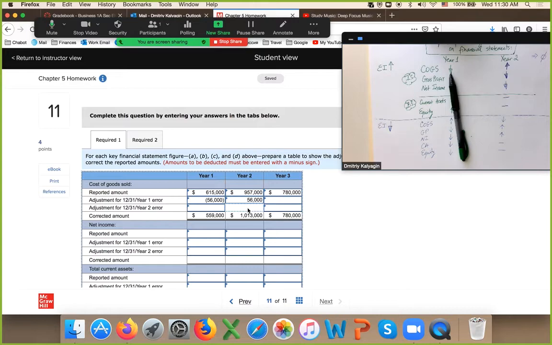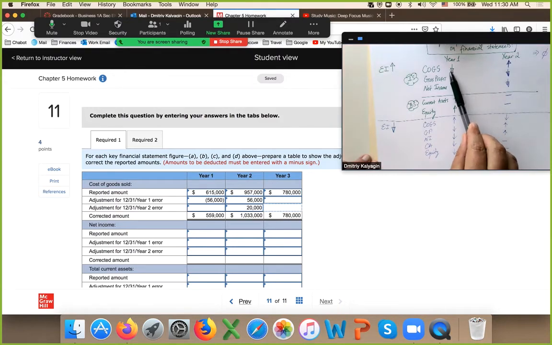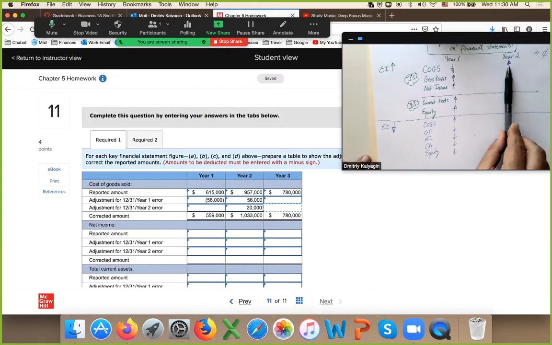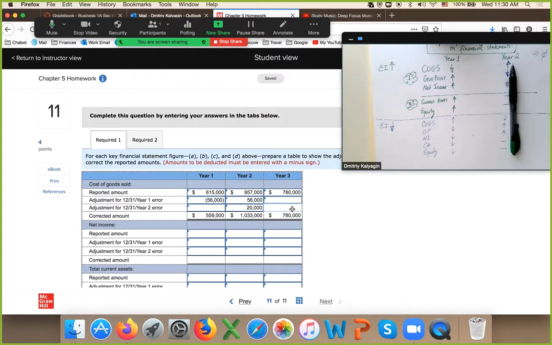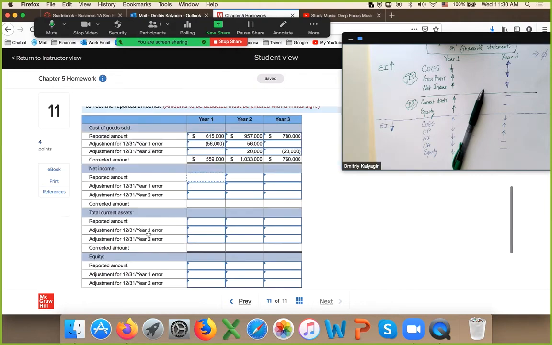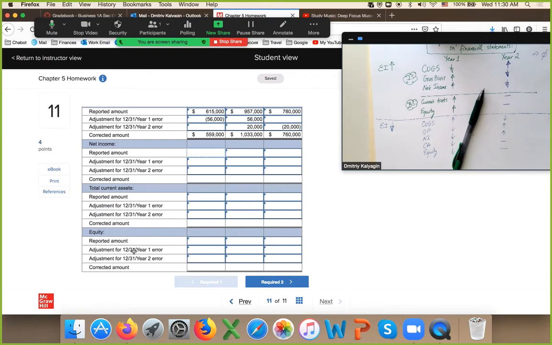Since it was too low, I have to add the mistake of 20,000, add it. So if it was too low, understated, I added. And second year, it was overstated, so I have to subtract it. Here you go. And so then you do the same for net income. You follow net income. And then the same pattern for current assets and equity.